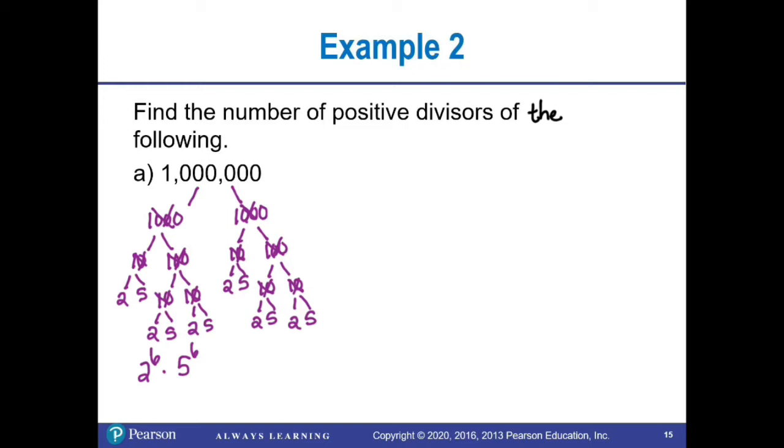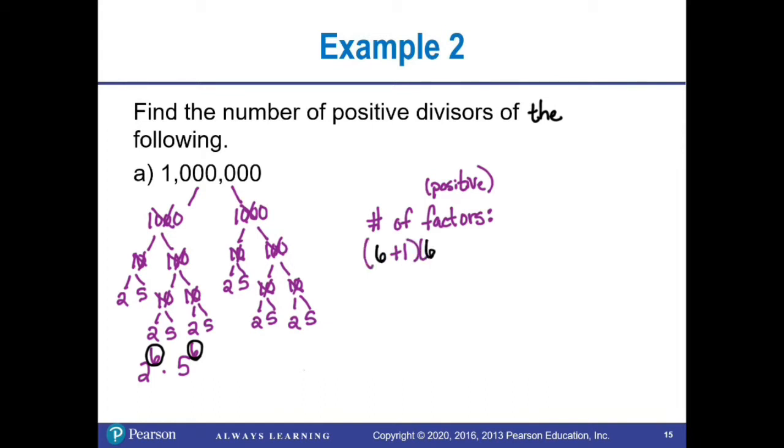Now my problem asks me how many divisors we have, or how many factors. I'm going to look at the power of the 2 and the power of the 5. So my number of factors, and remember we're focusing on the positive factors here, I look at those powers, and so the first power is 6, and I have 6 plus 1.